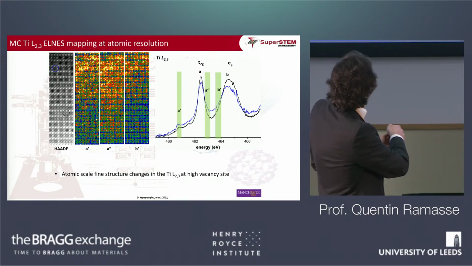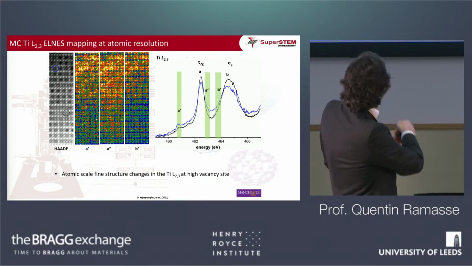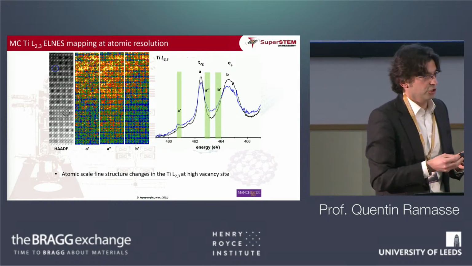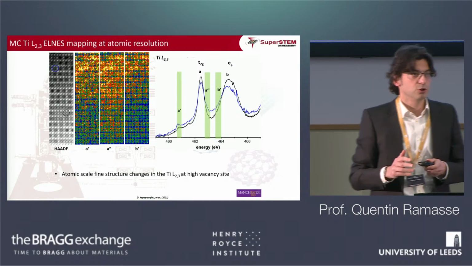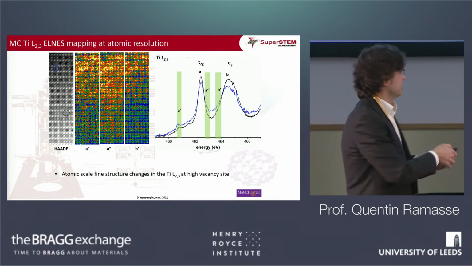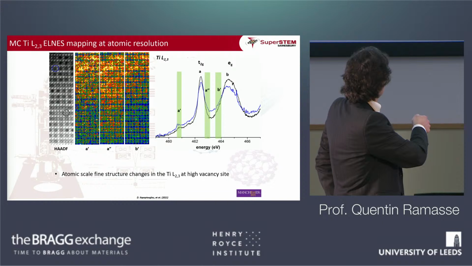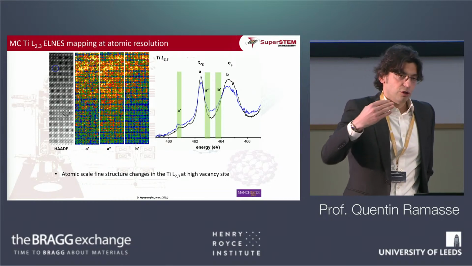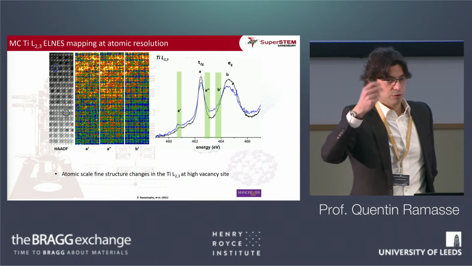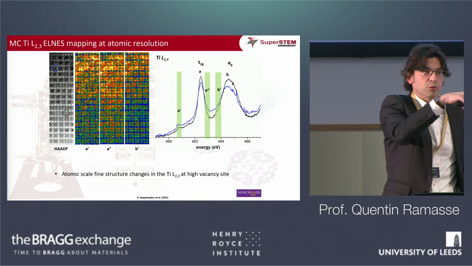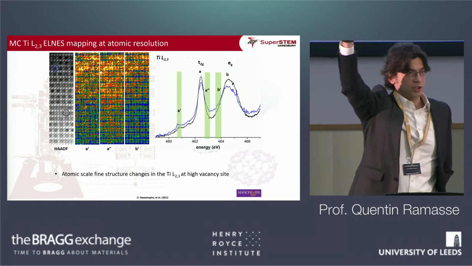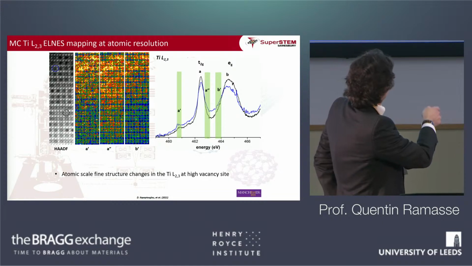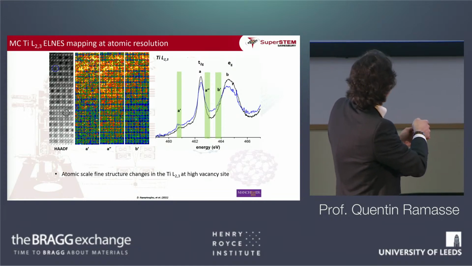You notice that depending on where you look across this entire map, there's some changes in the electron energy loss spectrum fine structure, those wiggles that you see, and those wiggles mean something. It's essentially telling you that there's a little bit more intensity at one energy loss than another. In other words, your structure of the empty density of states, remember you take an electron from the core of your material and you sort of promote it to the empty band structure, and that tells you a little bit about the electronic structure of the material that changes locally.